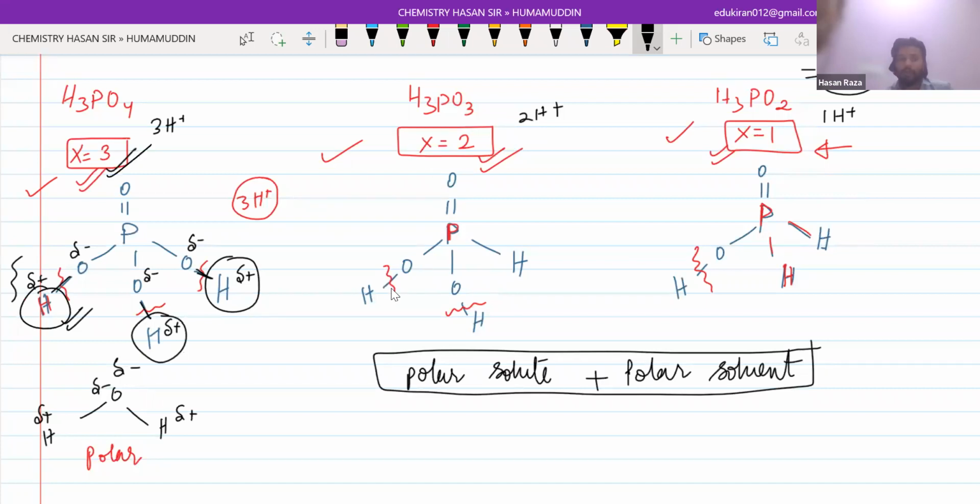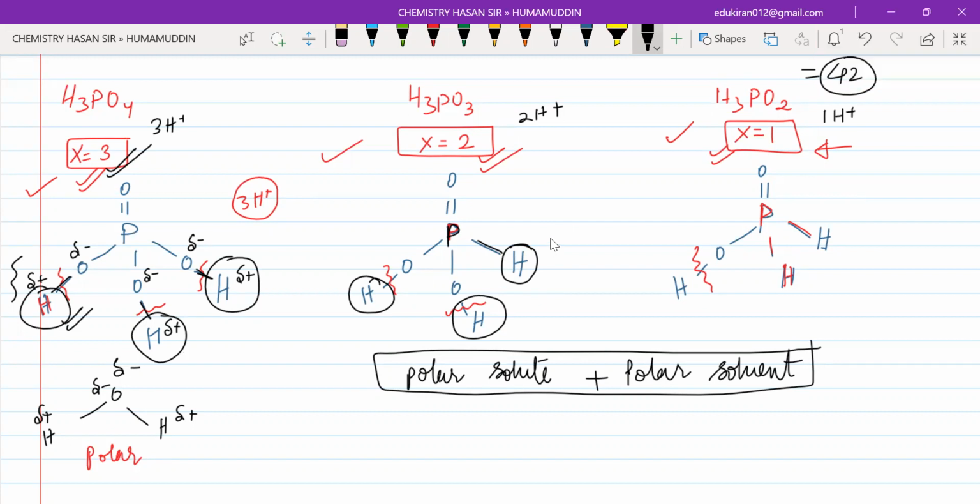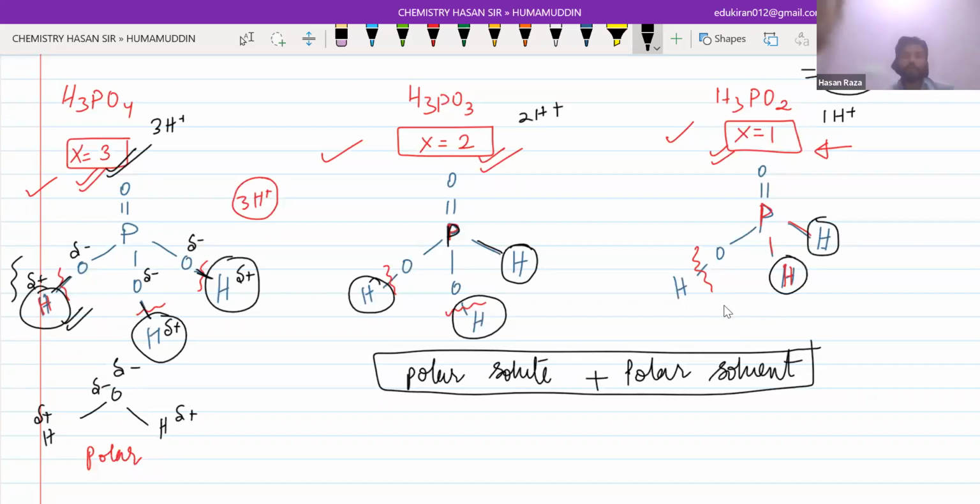But when you come to H3PO3, only 2 OH bonds are there, and these are polar, so it will give 2H plus. But this PH bond will not be dissociated because it is not that much polar. Are you getting my point, Muhammadin? Yes, sir. In the same way, these both will not be dissociated. It is not that much polar, but this is quite polar, so it will be dissociated, and H plus will be given by this. So these three compounds are very important in terms of equivalent weight.